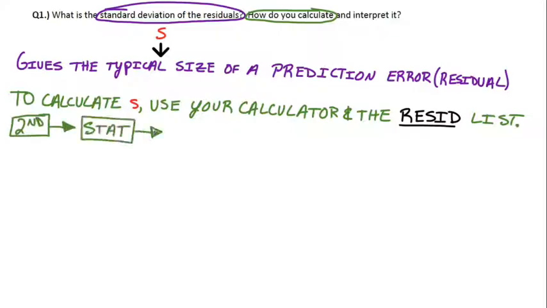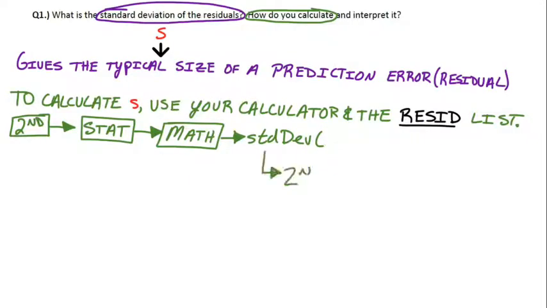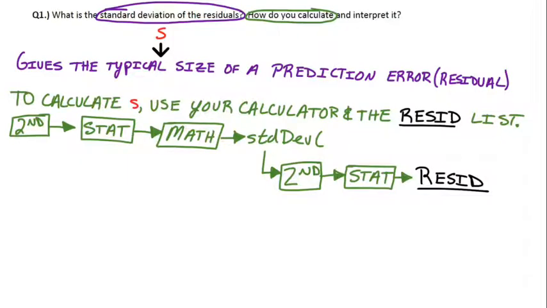If you hit second stat, that's the list function, and go to math, there's an option in there for standard deviation. Then you just have to tell it what you want to take the standard deviation of. So if you've already done linreg, just tell it to take the standard deviation of the resid list. That's second stat resid. That's how you call that list up. And then it will give you the standard deviation of the residuals for that data.